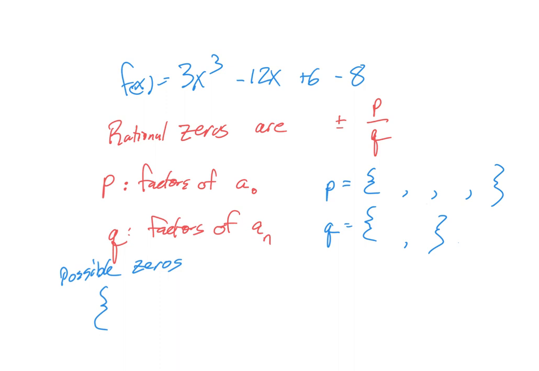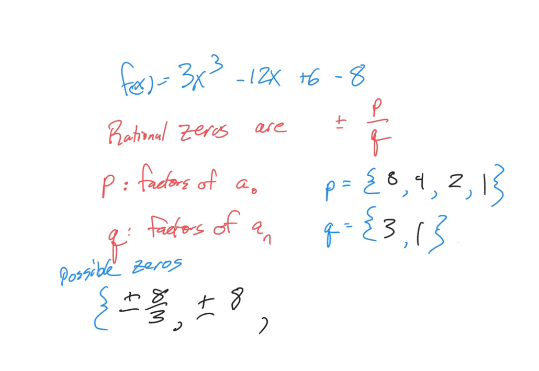That would be 8, 4, 2, and 1. And then all the factors of a sub n, which is 3, will be 3 and 1. So when I'm thinking of all the possible roots, it's going to be plus or minus 8 over 3, plus or minus 8 over 1, which is just 8.